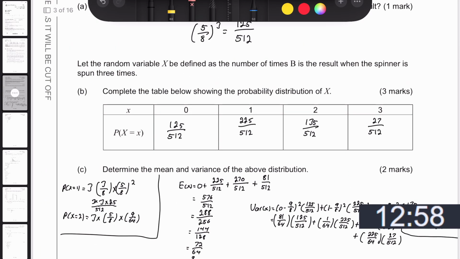What is the shortcut? Oh, I'm so confused.